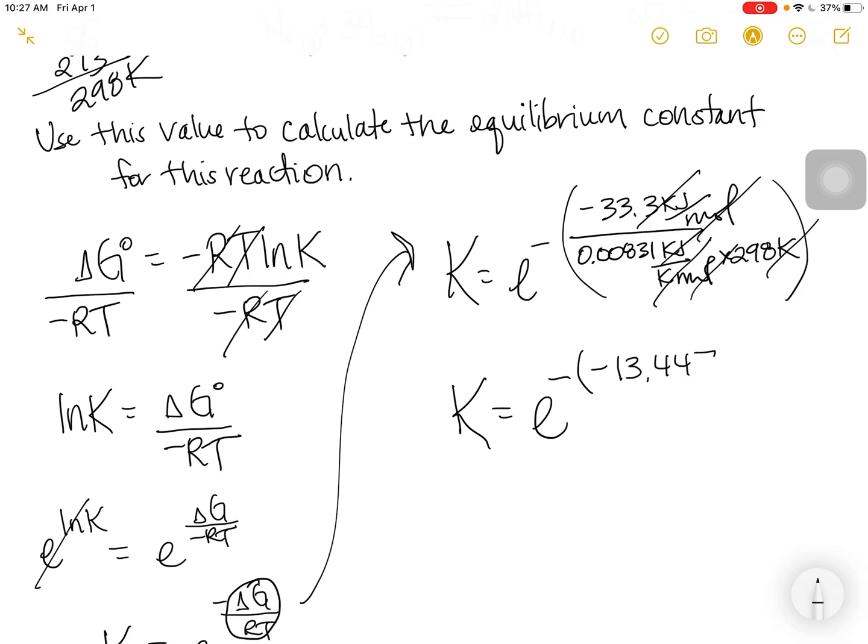So I ended up with negative 13.447. And then all you have to do is hit the button on your calculator. Raise E to the negative of a negative, so it's going to be positive. Actually, hold on.